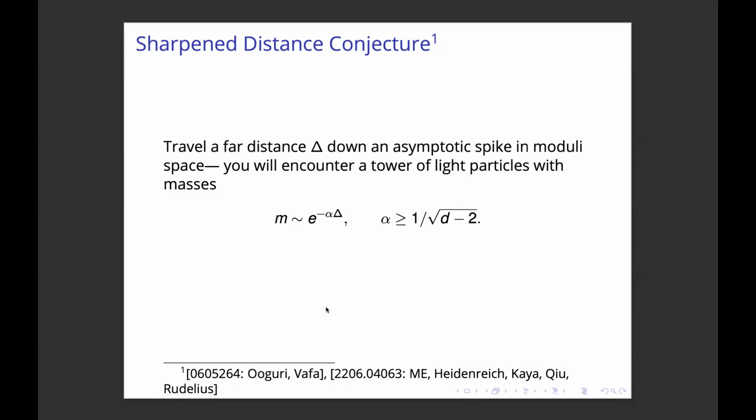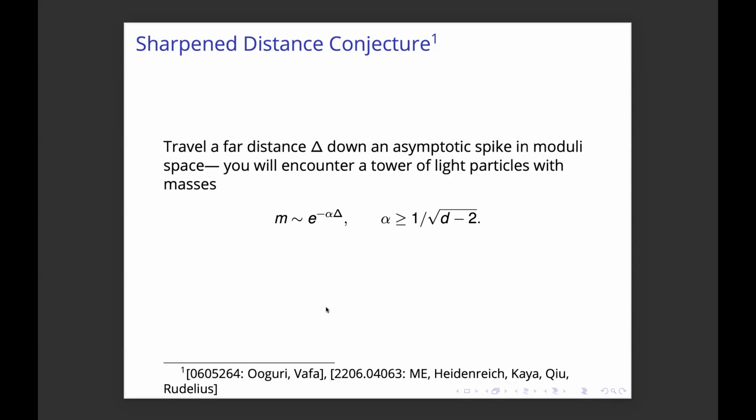If you assume certain things about the towers in emergent string limits or decompactification limits, then you get this bound, provided that you assume some things about those towers. So this is the sharpened distance conjecture. It's an asymptotic statement in moduli space, whereas the scalar weak gravity conjecture is a local statement in moduli space.